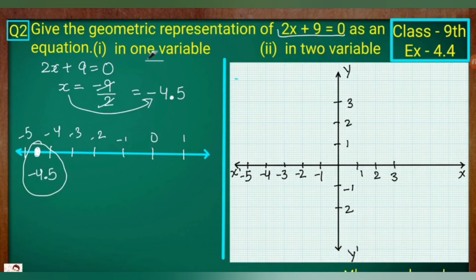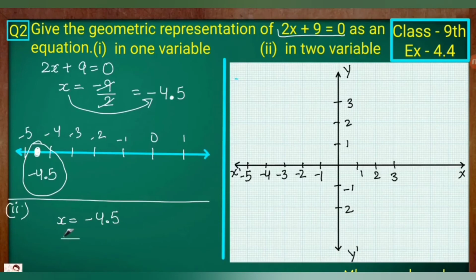Now the second part, in two variables. You have to give the geometric representation of the given equation in two variables. To do the geometric representation we need solutions, right? Two variables means you can get infinitely many solutions. So see that x equal to minus 4.5, y equal to 0.